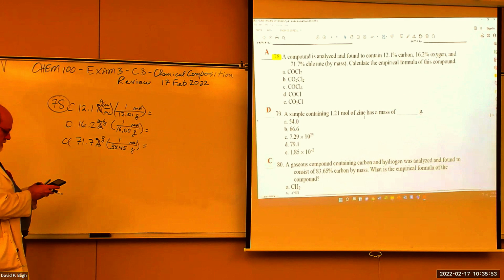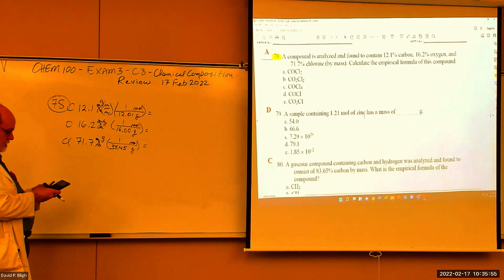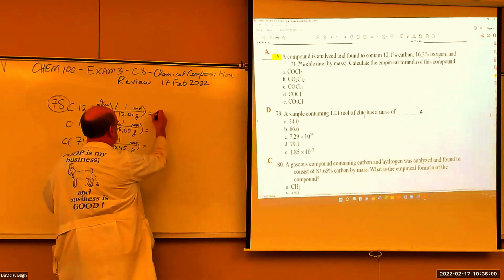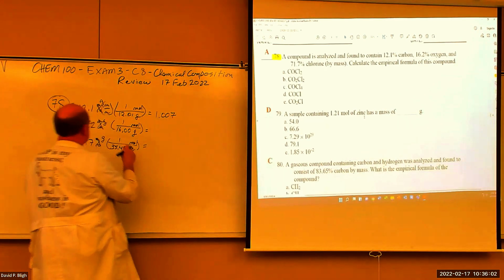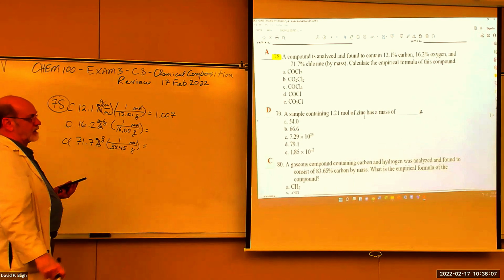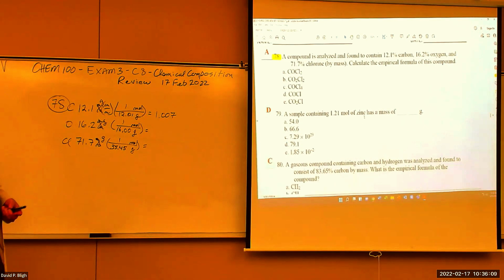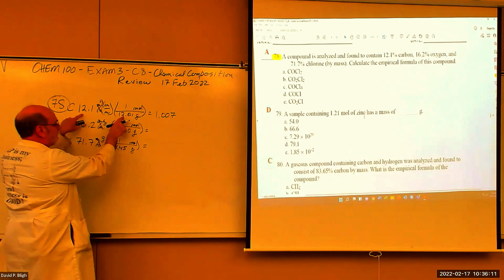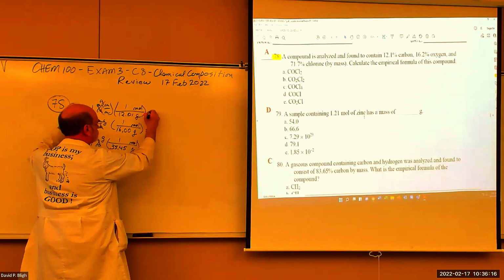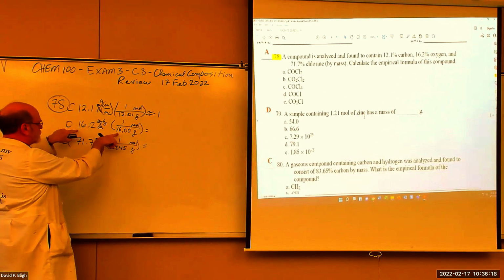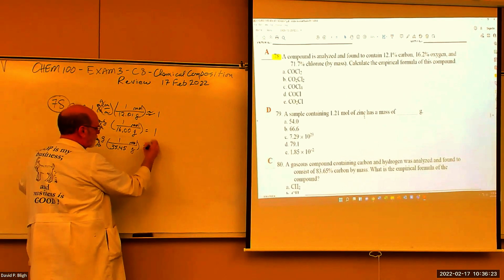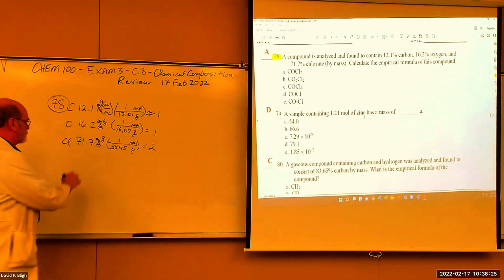Well, 12.1 divided by 12.01 is 1.007. We can shorten this one, that's about 1. This is about 1. This is about 2. So the ratio should be 1, 1, 2.